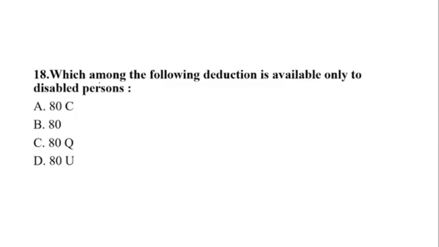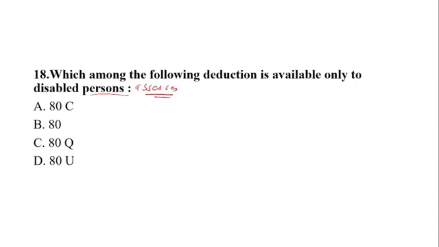Okay, next one: which among the following deductions is available only to the disabled person? Only to the disabled person, we also say the assessee. So which deduction is available only to the disabled assessee?